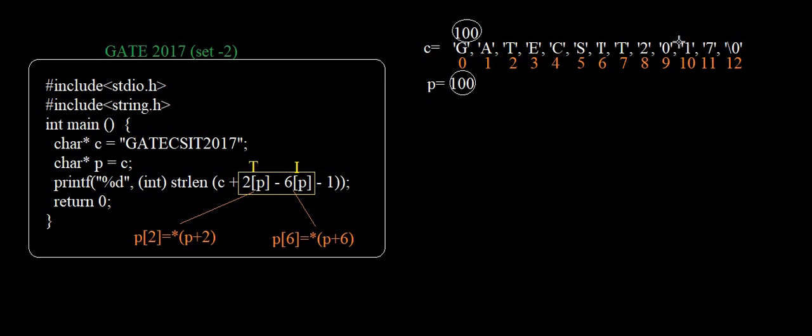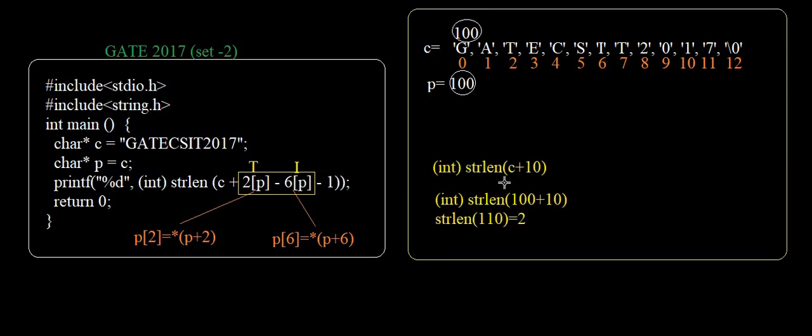So the number of characters returned is 2, and it is an integer, so 2 will be printed in the output. You may check this: strlen of c plus 10, that is strlen of 100 plus 10, 110, and it will return 2, because from here onwards you count the characters excluding the null, 1 and 2.